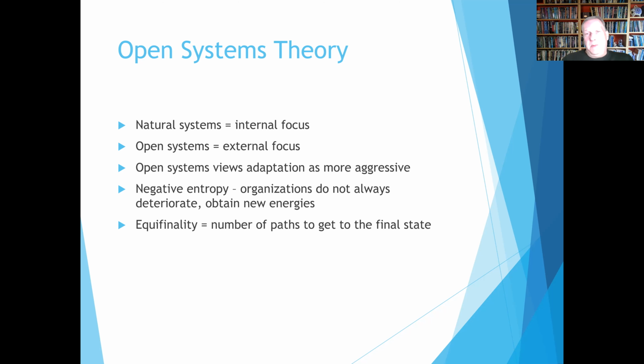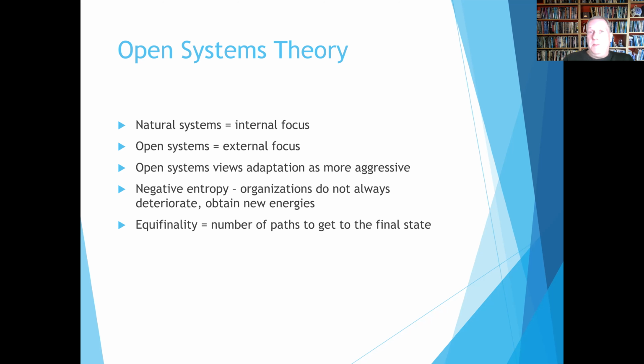Both natural and open systems theory are predicated upon the idea of balance. For natural systems theory, it was the balance within the organization, the balance between the selective incentives you give employees and the contributions employees give back to the organization, but it's all internal. Open systems theorists are also focused on balance, but it's more of a balance between the organization and its external environment, making sure you achieve that point of homeostasis by balancing the organization with its environment.